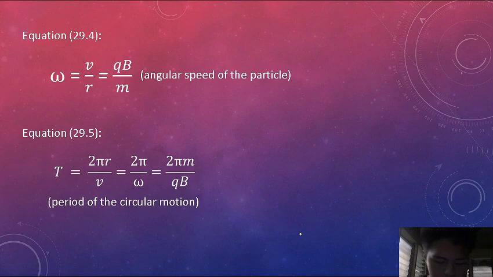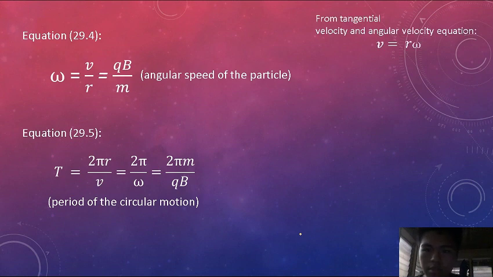So next, we have the angular speed of the particle, which is from equation number 10.10, which is from tangential velocity and angular velocity of the equation.